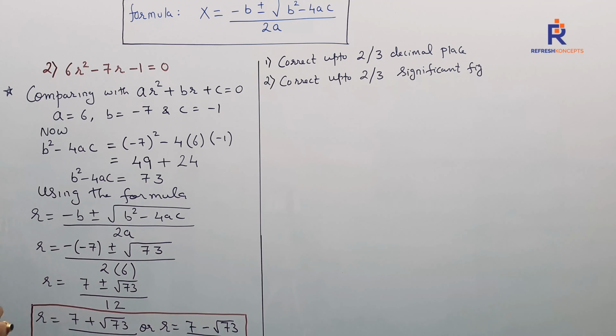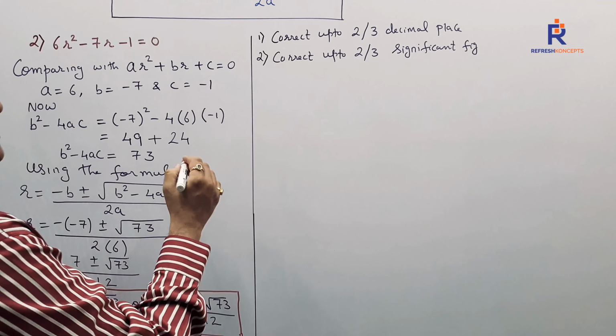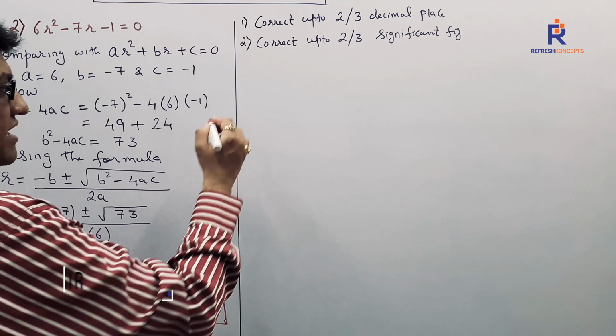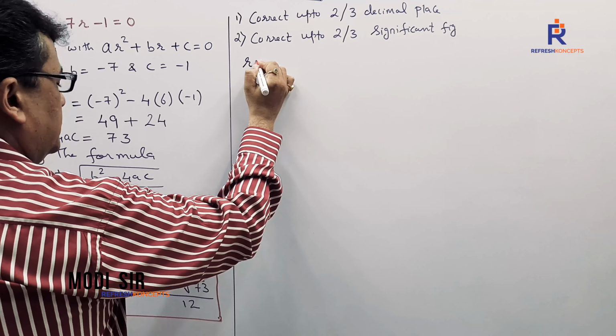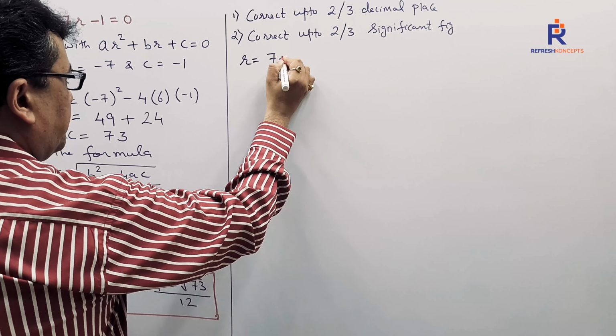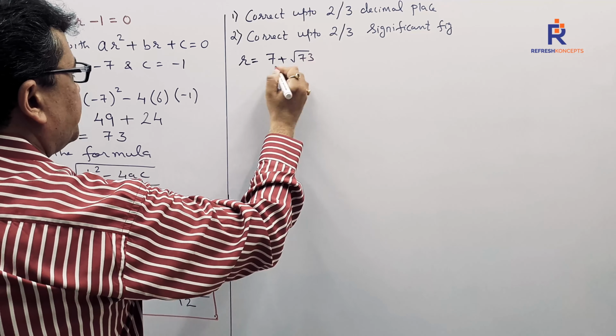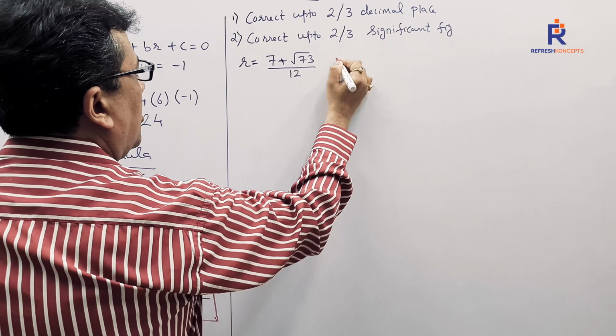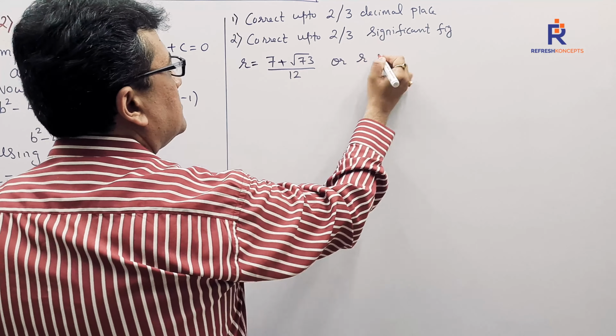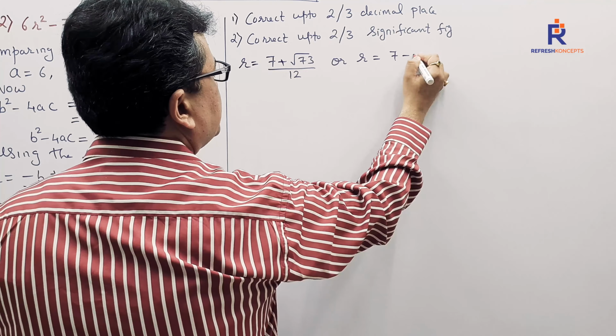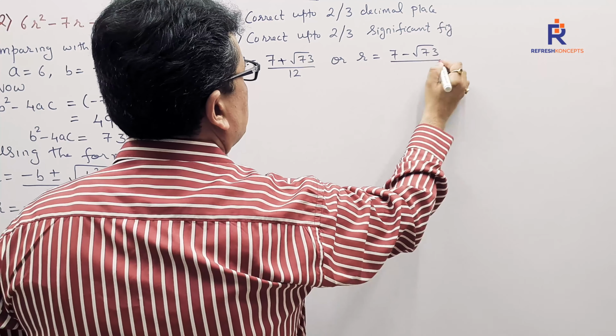For that, we carry forward our sum as r is equal to 7 plus root 73 by 12, or r is equal to 7 minus root 73 by 12.